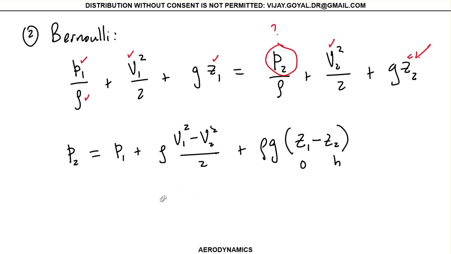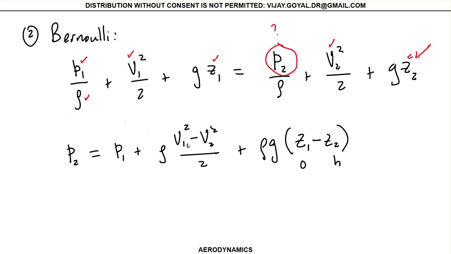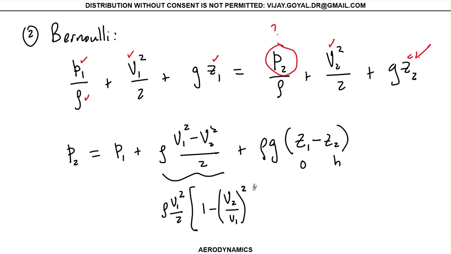So in my problem, I note that another way I could express this is as follows: rho V1 squared over 2 times (1 minus (V2 over V1)) squared.